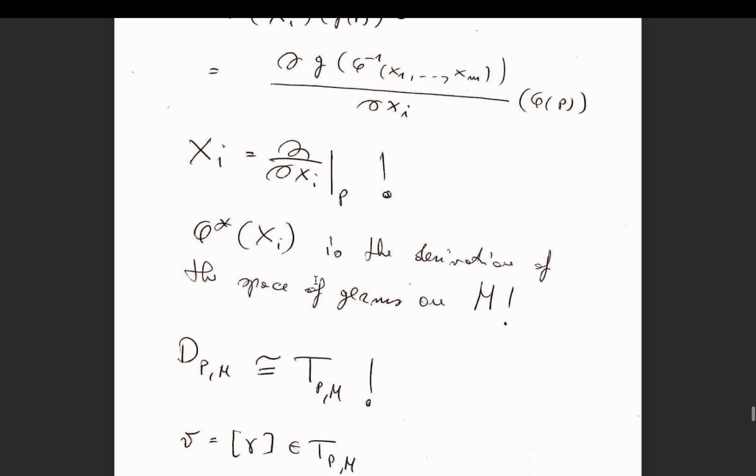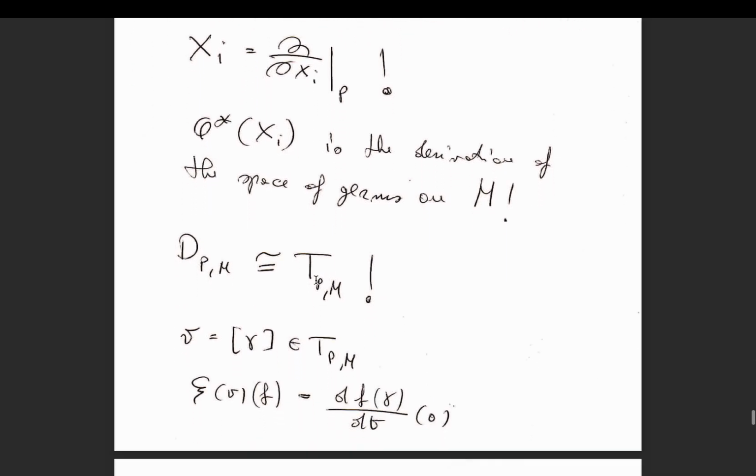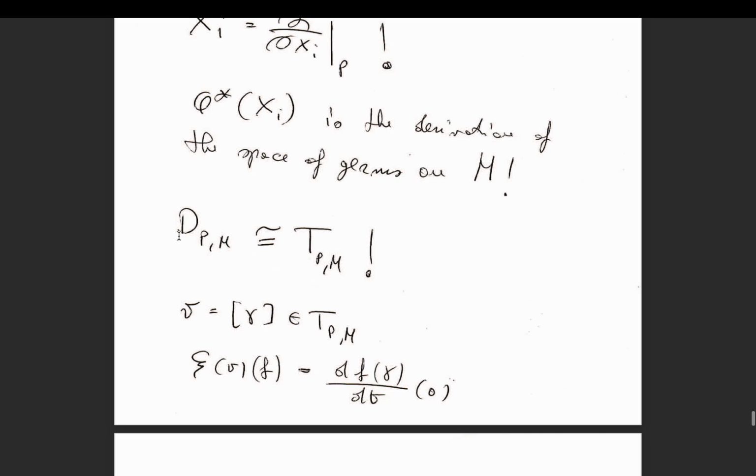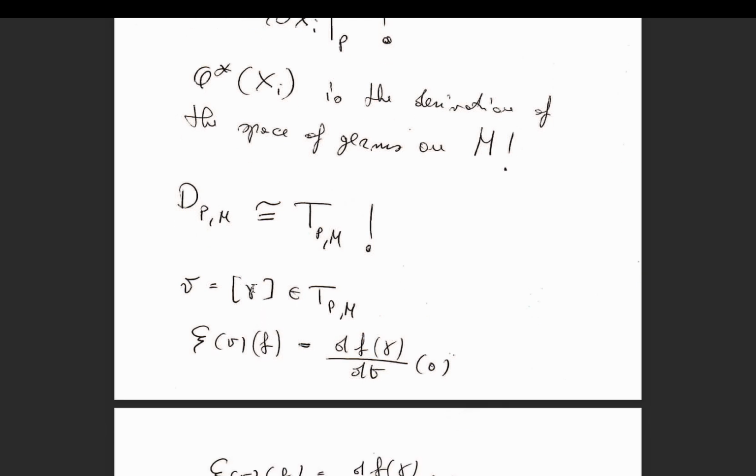But there's also another important property of derivations: they are isomorphic to the tangent space at a point P of a manifold. How can we see this? Consider a vector v belonging to the tangent space at the point P. This is an equivalence class of curves. Let's assume that gamma is a representative of this equivalence class.